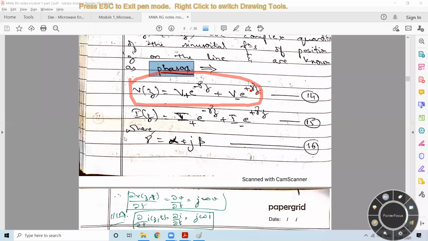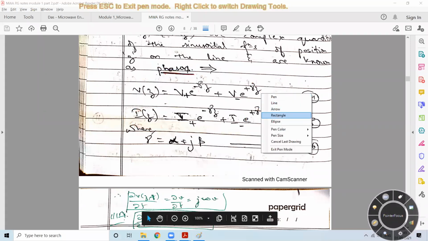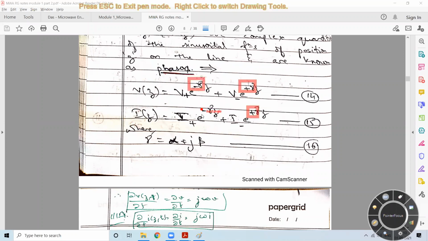Similarly, we have the equation for I of Z, which is given in terms of incident current into e raised to minus gamma Z plus reflected current into e raised to plus gamma Z. So in these two, we have the gamma quantity, which is called the propagation constant, given by alpha plus j beta, where alpha is the attenuation constant and beta is the phase constant.